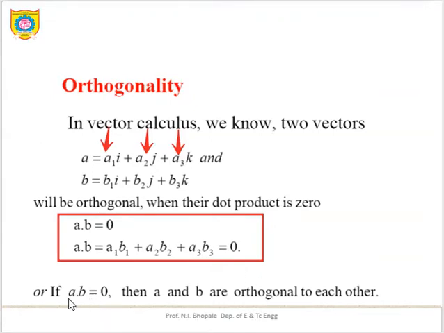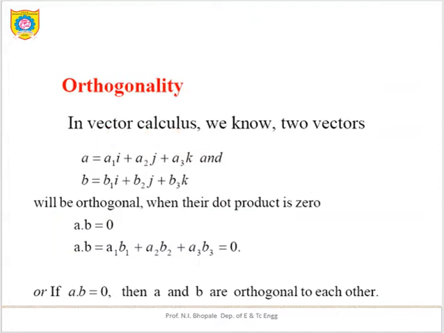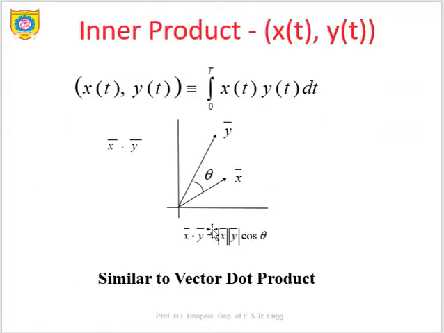Now let's look at how to represent this mathematically in terms of a certain angle. It is indicated as an inner product. So x(t) comma y(t), let's assume that x and y need to be represented in terms of vectors. The integral from 0 to T of x(t) into y(t) dt can be represented like this: x bar dot y bar.